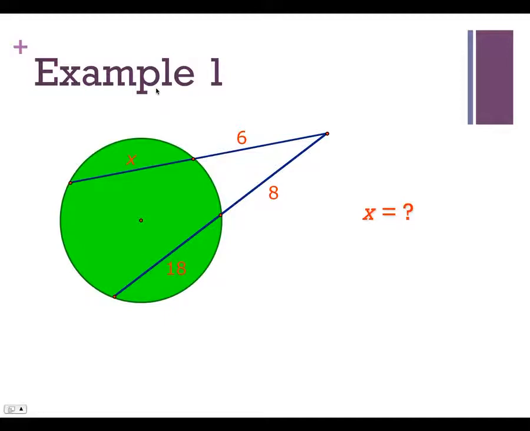Outside times whole equals outside times whole. If you have 8 times 18, you're doing something wrong.